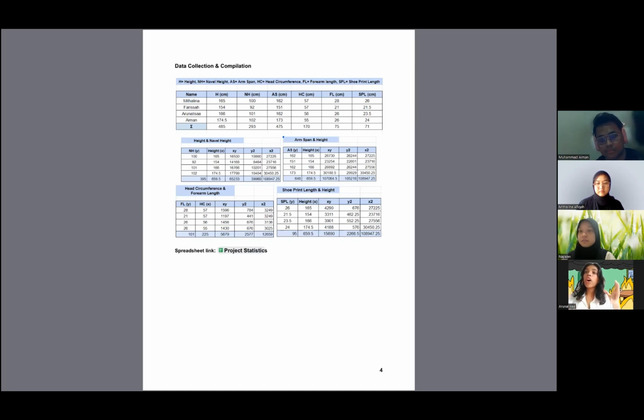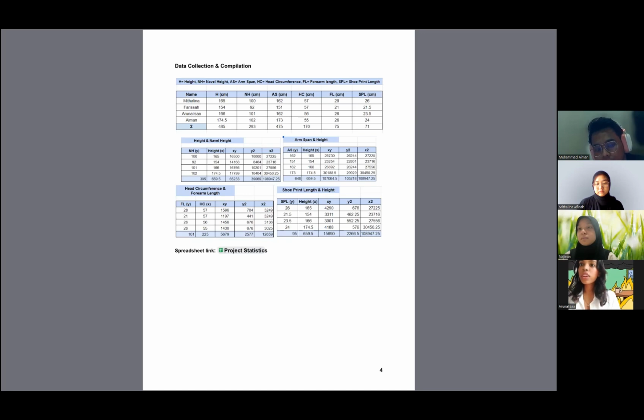All of us measured this, and then we totaled up the amount for each criterion: total of height, total of NH, total of AS, and so on. Everything was in centimeters.